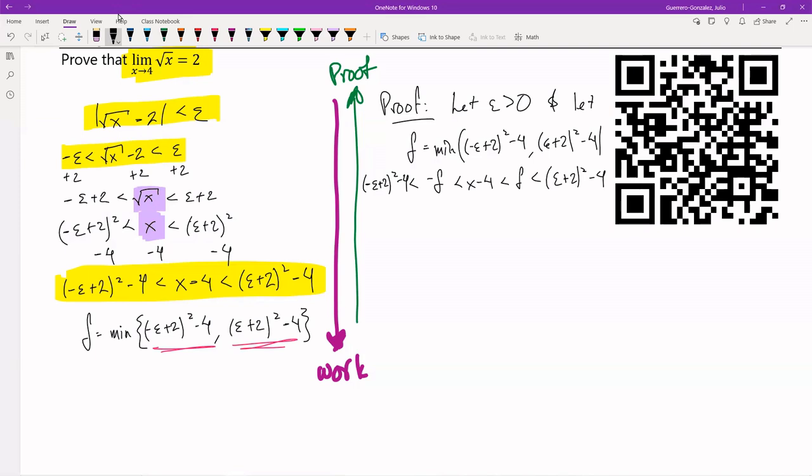Then that means that my minus 4s go away. Minus 4 on everything makes those go away. So then minus epsilon plus 2 squared has to be less than x less than epsilon plus 2 squared.